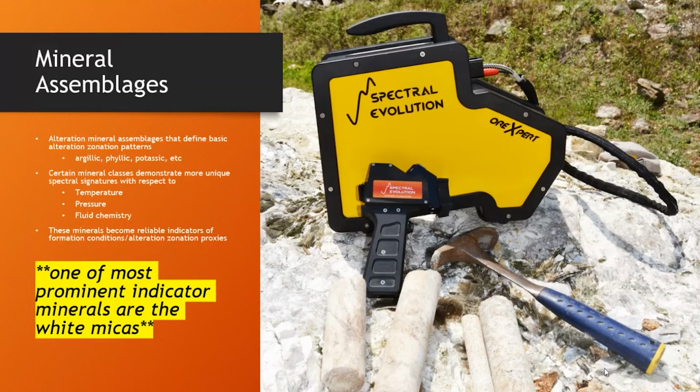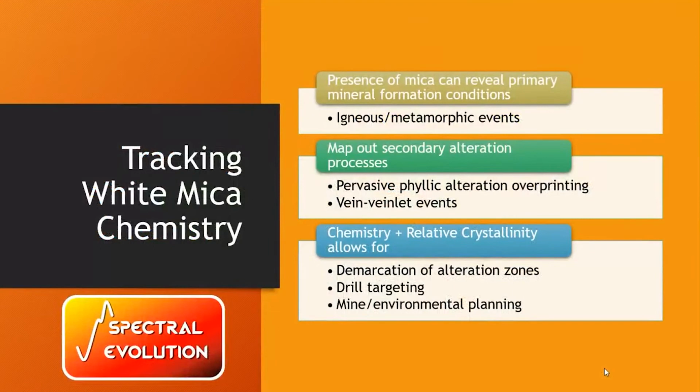One of the most prominent indicator minerals in this category are the white micas, but also more iron and magnesium micas like the chlorites and the phlogopites, for example. While various species of mica are found in most styles of ore deposit, copper porphyry is arguably one of the most important ones.